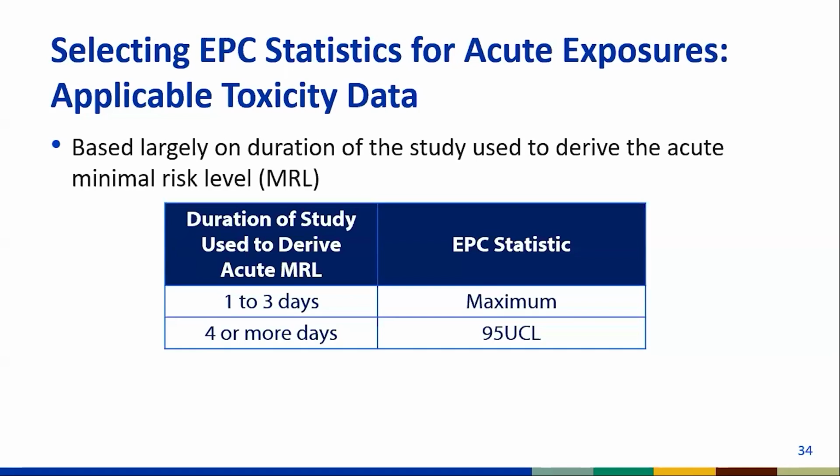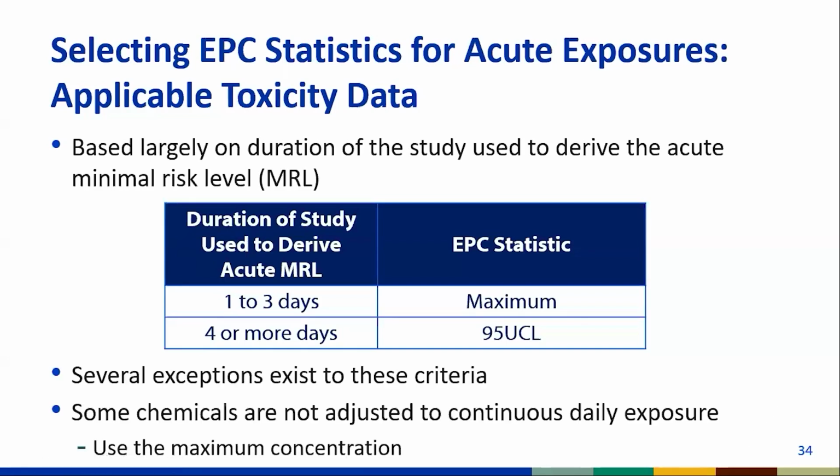A short duration could be considered one ranging anywhere from 1 to 3 days. When the acute MRL, or comparable toxicity value, is based on a study with exposures lasting 4 or more days, health assessors should use the 95 UCL. The idea here is that the acute EPC for a given contaminant should match the window of exposure used in the applicable toxicity study.